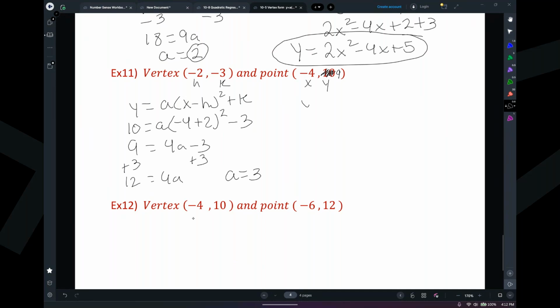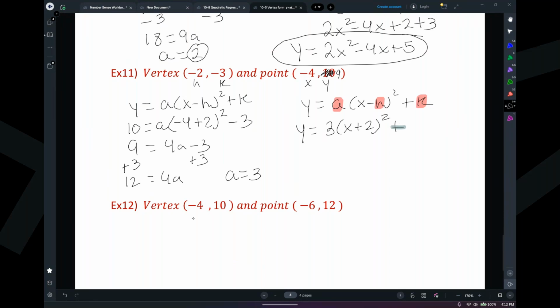Go back, write the equation again. Y equals a times x minus h squared plus k. Fill in everything. This is the only part you're filling in now: a, h, and k. So we're going to do y equals 3 times x, h is minus 3, so that's plus 2, squared.